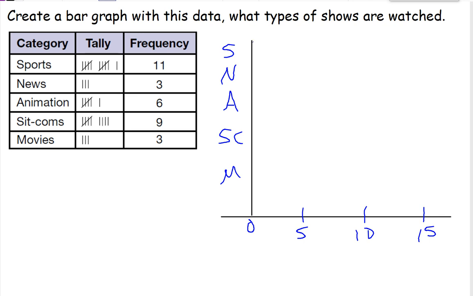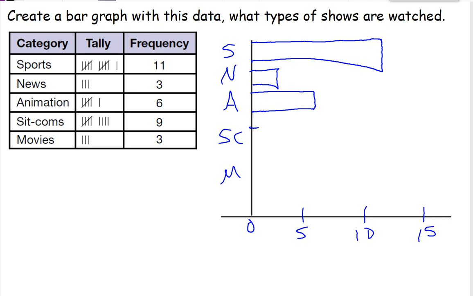So sports goes all the way out to 11, news goes to 3, animation to 6, and sitcoms to 9. So it's always good to double check your answers. And then movies to 3. Right. If I wanted to, I could have put in all the tick marks, 0, 1, 2, 3, 4, 5, and lined it up exact. It just depends on what you're being asked to do.